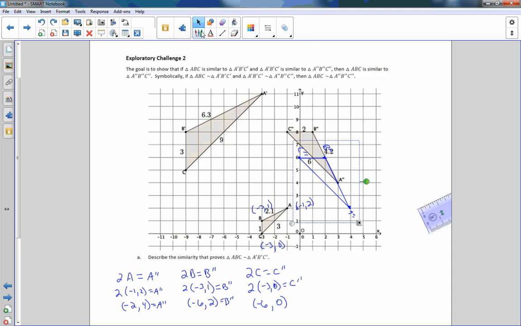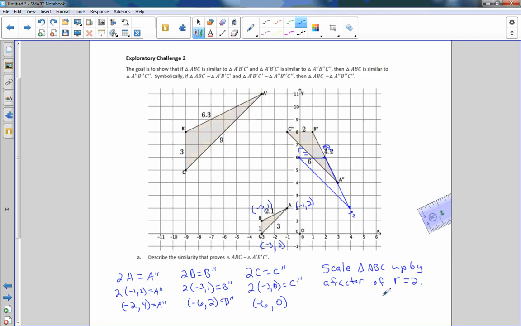So the first thing we did, so let's write this down. Step 1, scale triangle A, B, C up by a factor of R equals 2. Then rotate 90 degrees clockwise about the origin.